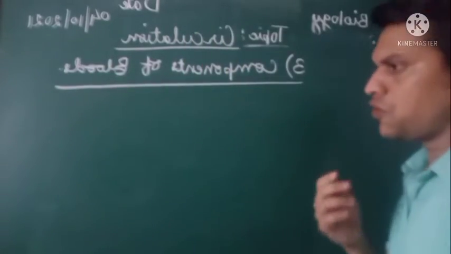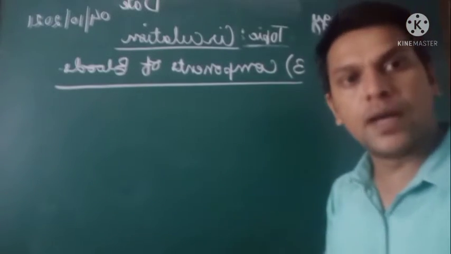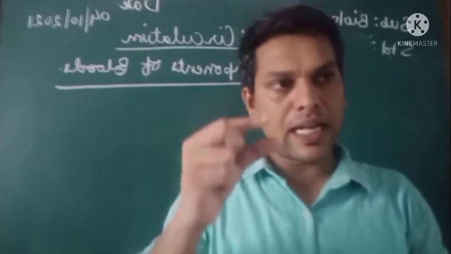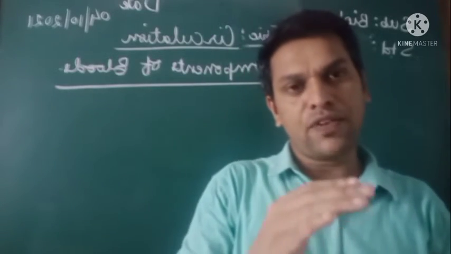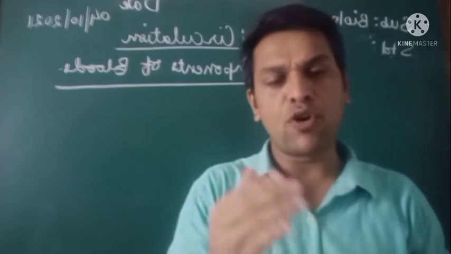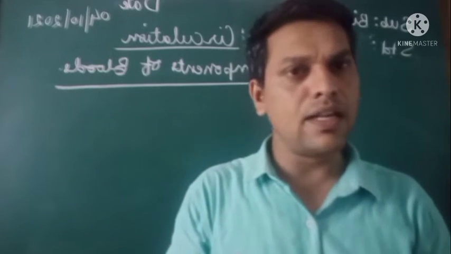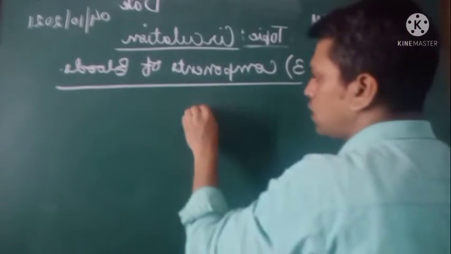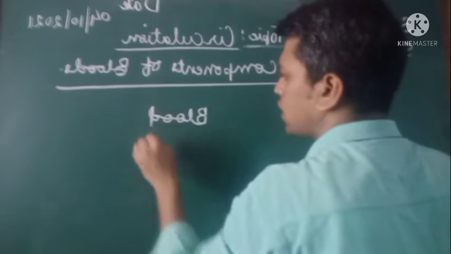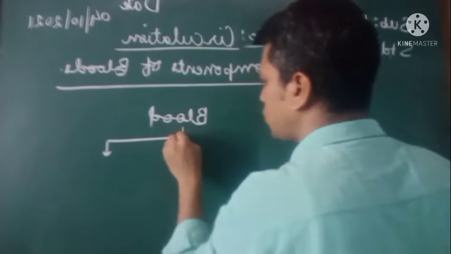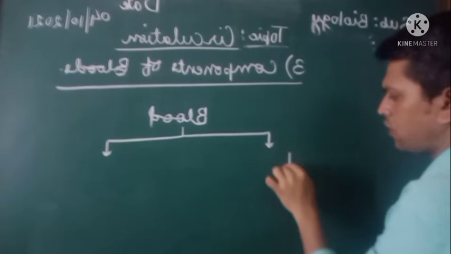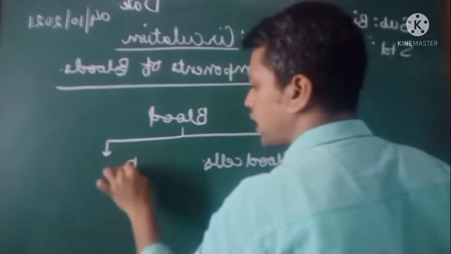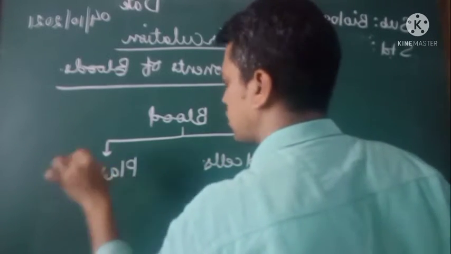Whenever we are observing blood, either microscopically or whenever we remove blood and keep it in a test tube, and if we give it a fraction of time, maybe about half an hour, you can clearly see two important components of blood. The blood could be easily divided into two major parts. The first, what we call blood cells, and the next, what we call plasma.